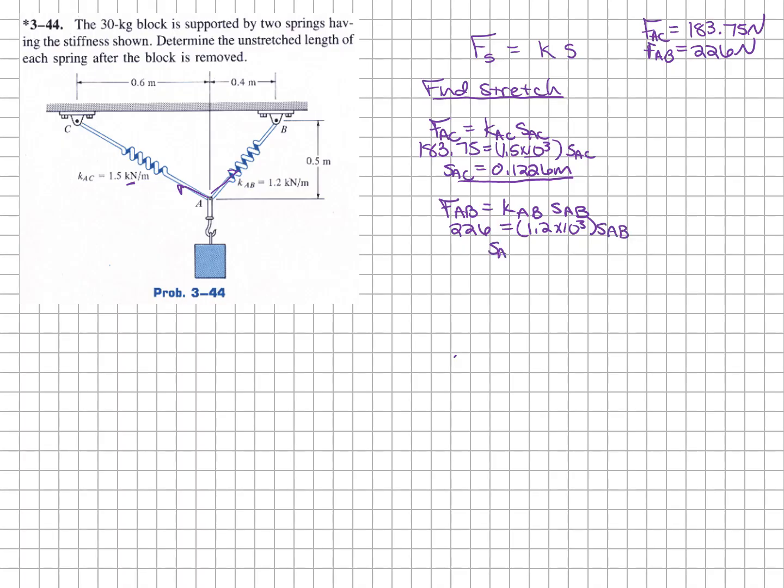Solving for SAB, I have 0.1883 meters. But I'm not done yet. That's just finding the stretch. It's asking for the unstretched length. So we're going to do a little geometry to find the length.